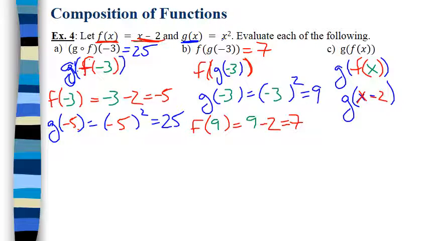Well, g of x minus 2 means whatever g is, put x minus 2 in for the input value. Well, the g function says take whatever your input is and square it. And our input here is x minus 2. Well, x minus 2 squared would then be x squared minus 4x plus 4.